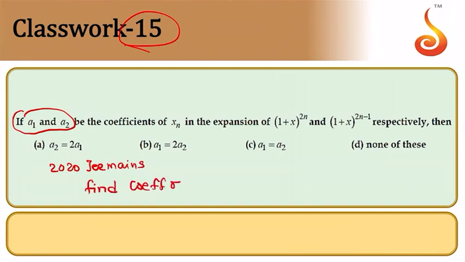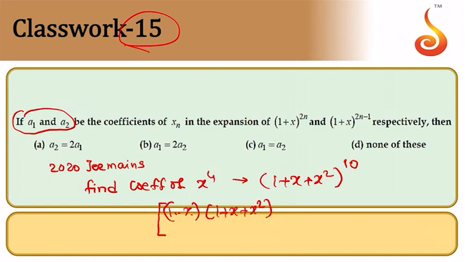So this question is repeated. It's a repeated question. So I am doing this instead of another problem. In 2020 they asked this in JEE Mains. Find the coefficient of x to the power 4 in (1 plus x square) to the power 10.